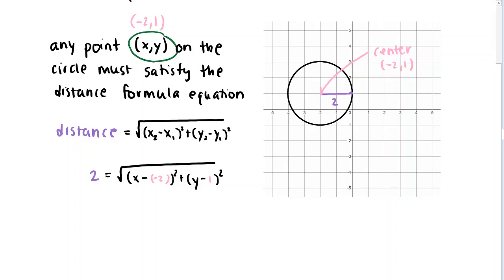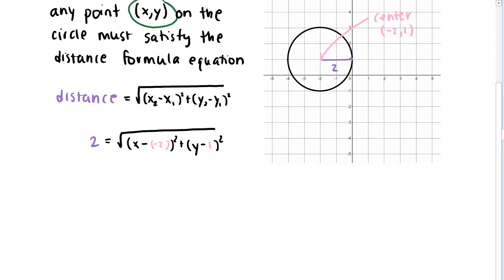Usually when we're dealing with an equation for a circle, we're not such a big fan of incorporating the square root into the picture. We tend to square both sides. So we have 2 squared is equal to (x minus -2) squared plus (y minus 1) squared.